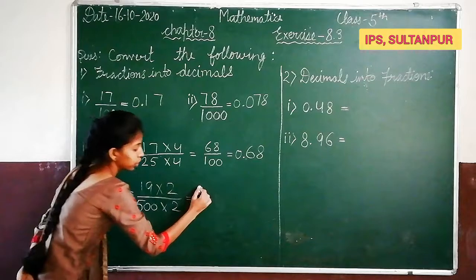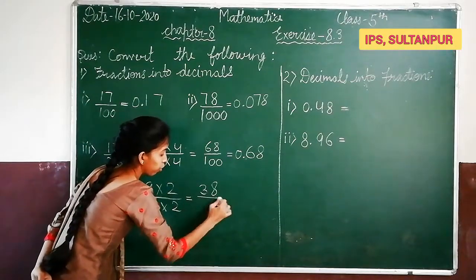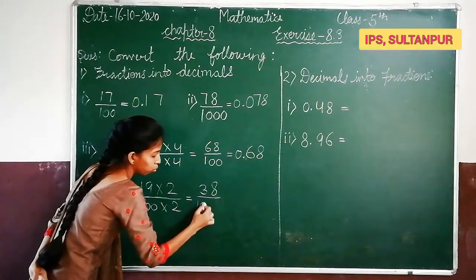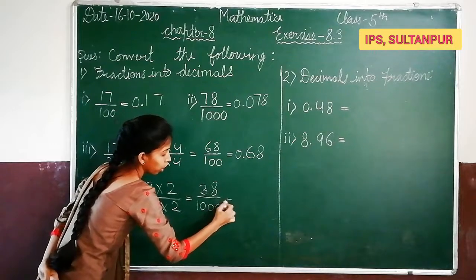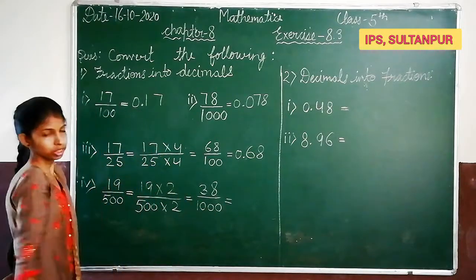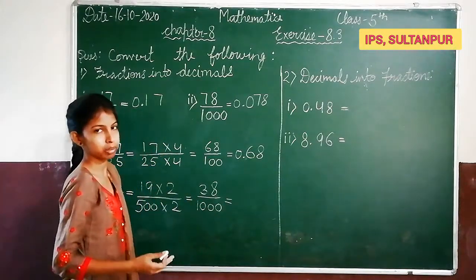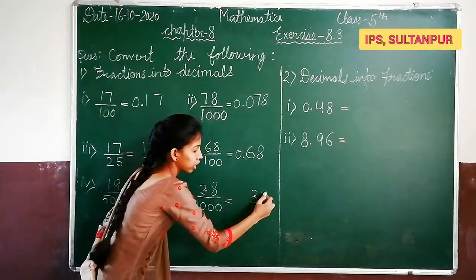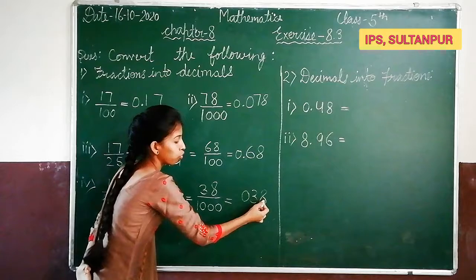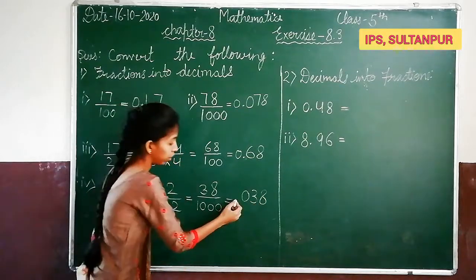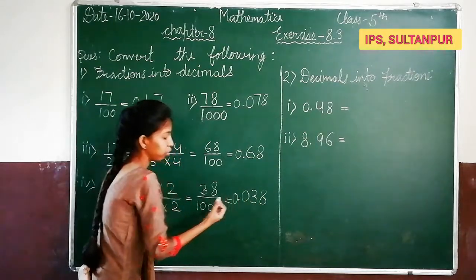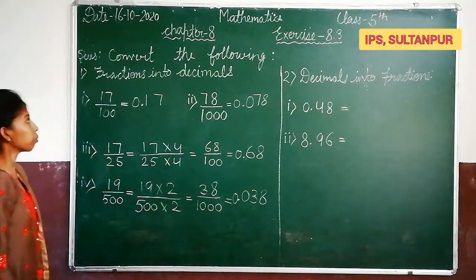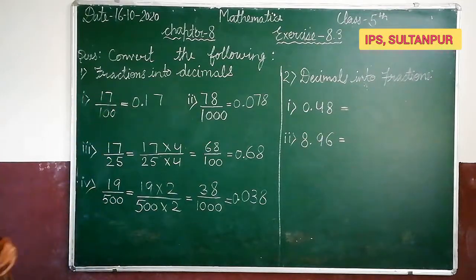So 19 times 2 is 38 and 500 times 2 is 1000. There are 3 zeros in the denominator. So we will put the decimal after 3 digits from the back side. Here only 38 is given. We will put a 0 for completing the 3 digits and we will put a decimal here and a 0 here. So this is about fraction into decimal.